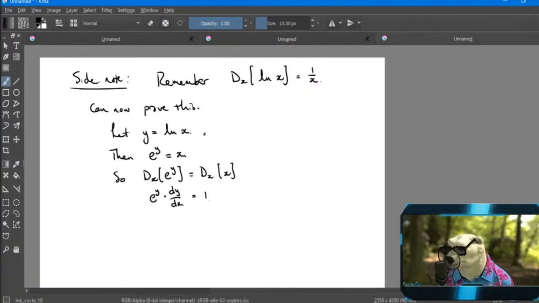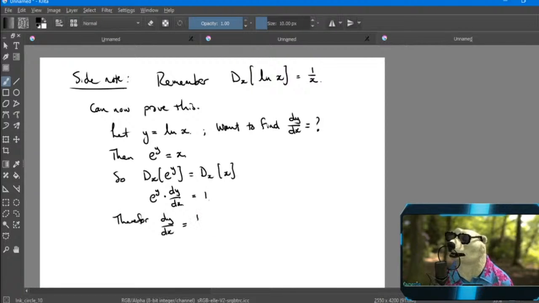Now, my goal here is to find dy dx, which represents the derivative we're looking for. So I'm going to solve for dy dx, and that's going to be 1 over e to the y.